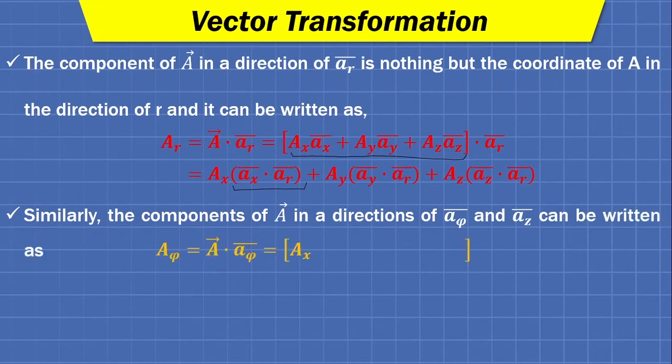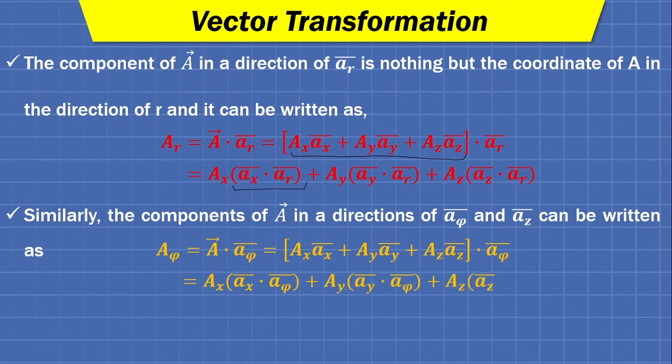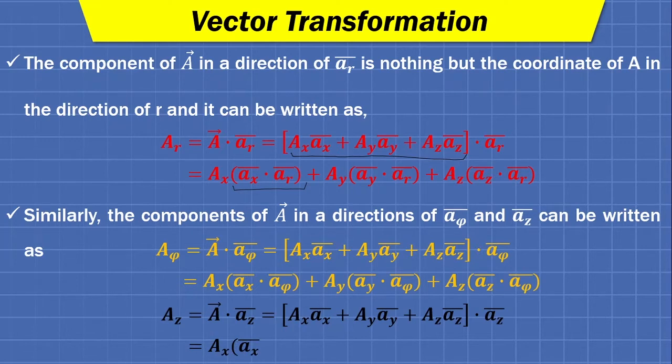A bar dot a phi bar: again we write the same vector in the Cartesian system and calculate its dot product with a phi bar, and doing so we get a simplified equation as shown. The same procedure is followed for determining the Z component of vector A in the cylindrical system, and finally we get this equation.